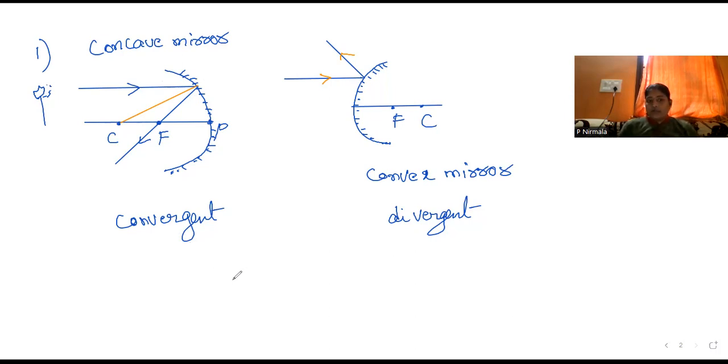So one code I am going to give you people. Concave mirror, right? So here you see, I'm writing 'come', means mirror. Okay. So come, con, come, con, quickly.